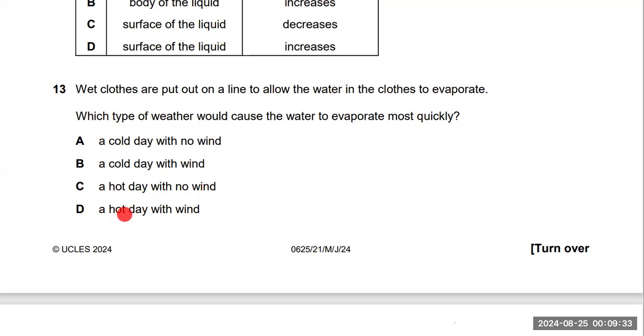When temperature is high, the particles can easily and rapidly evaporate from the surface. And the second case is that wind is also blowing. The wind also increases the rate of evaporation. So D option will be correct. D option is the correct option.